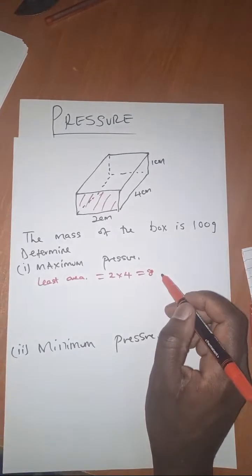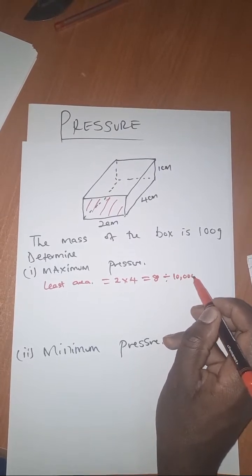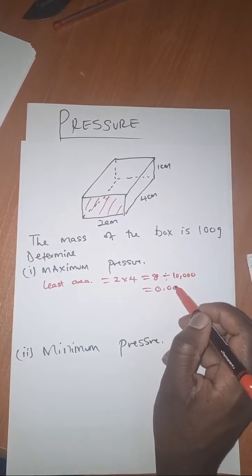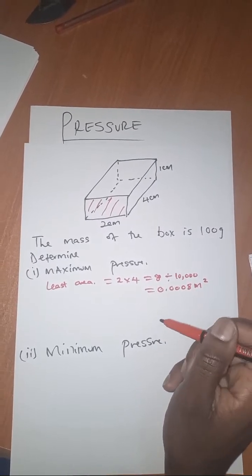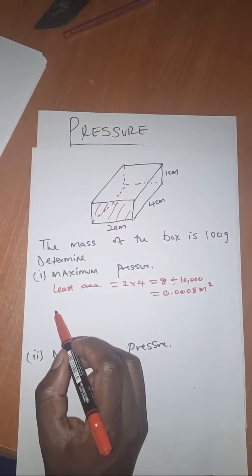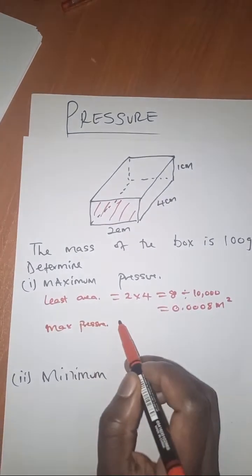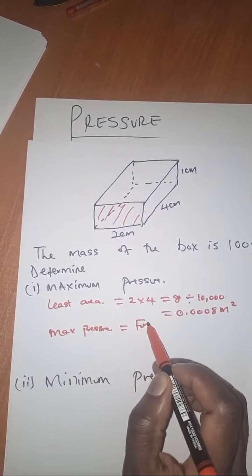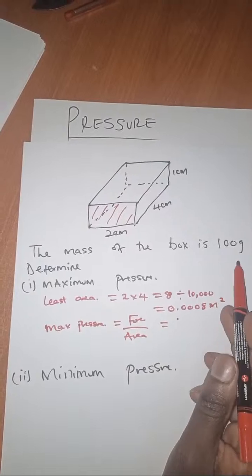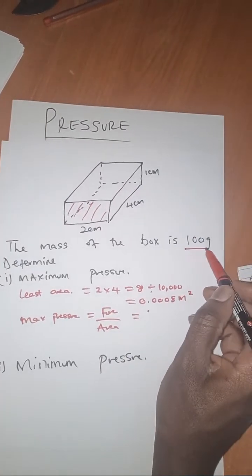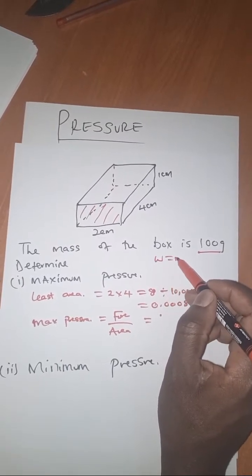So we convert this into meters by dividing by 10,000. We get 0.0008 meters squared. And then to get the max pressure, we say this is equal to force over area, and we are going to change the 100 grams into weight, as weight is given by mg.